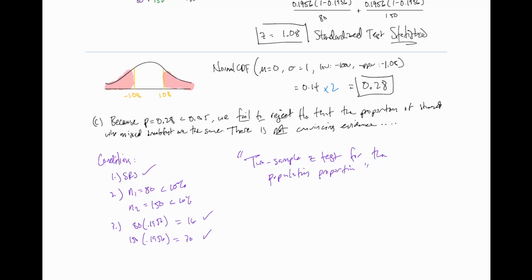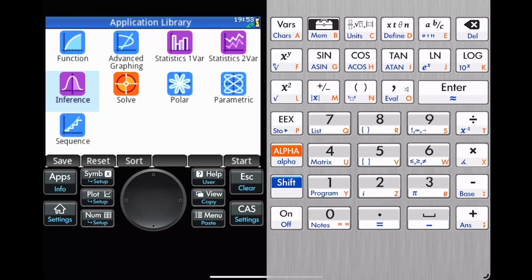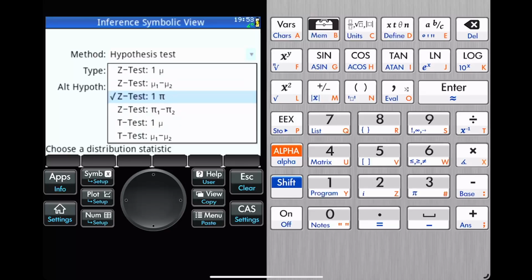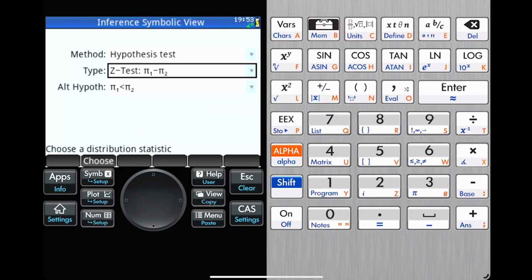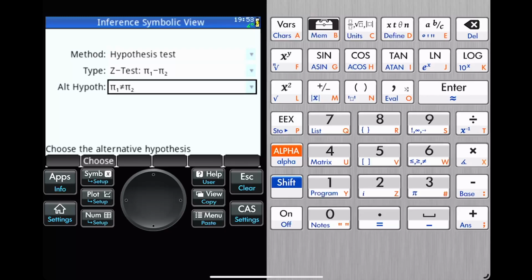And now, okay, we have a minute here. Let's just figure this out. Let me go back here to our inference app, and let's just take our hypothesis test and do this. Pi 1 minus pi 2, and pi is not equal to. This is a 2-sample z-test for proportion, with our alternative hypothesis being that they are not equal to each other.